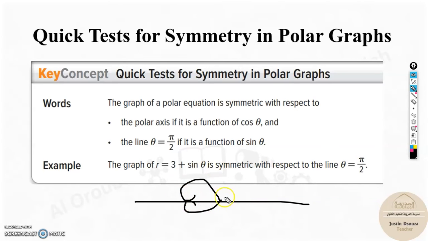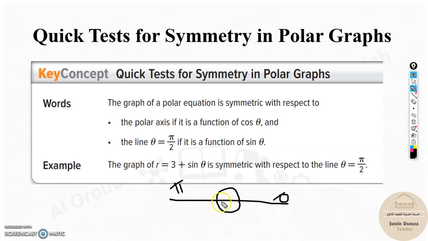Say I'm trying to do some other shape like this. Now this and this will be the same. So why do you want to do 0 to 2 pi? Just do 0 to pi, that is 0 to 180 degrees, and then just freehand the other side, with exactly the same points on the other side. So this will save you a lot of time.